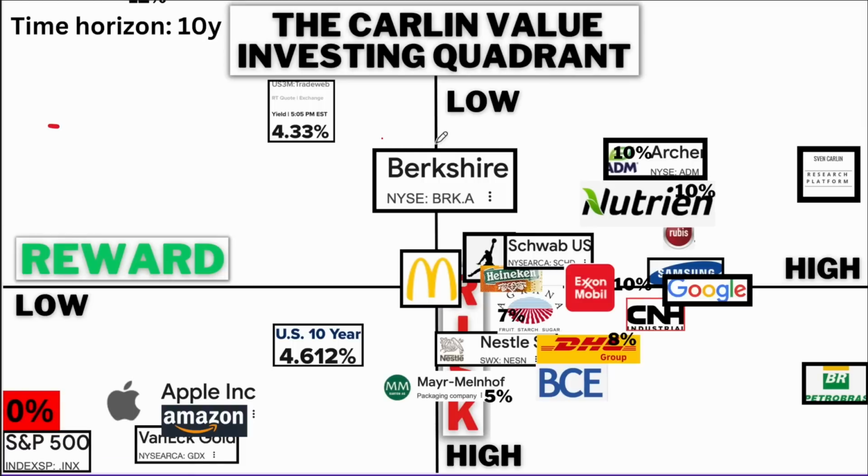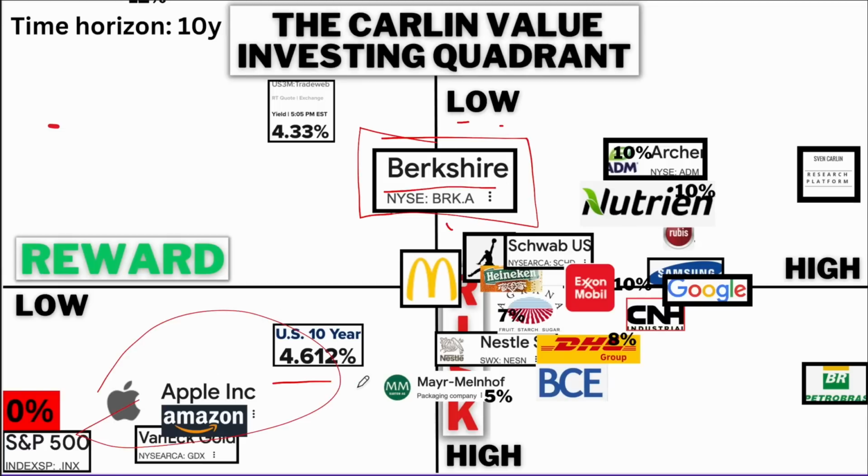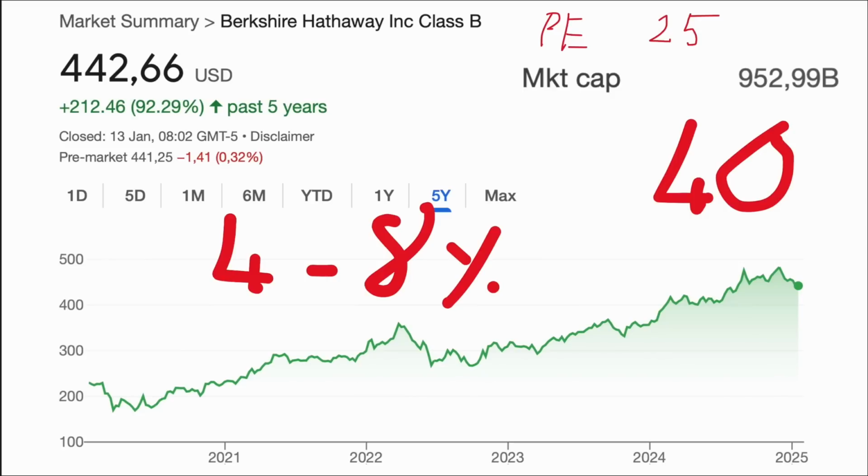And now the sweetest for the end, Berkshire Hathaway. I have put it as a low-risk investment on my quadrant, but also a lower reward, because Warren Buffett went into cash, and I see Berkshire as a hedge compared to the market exuberance now. If we look at the market capitalization, 952 billion, the value creation is a little bit higher than 40 billion.